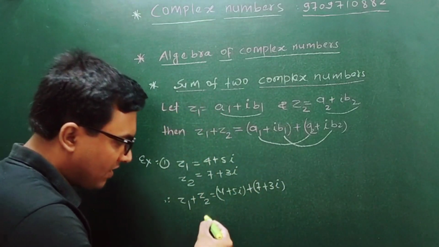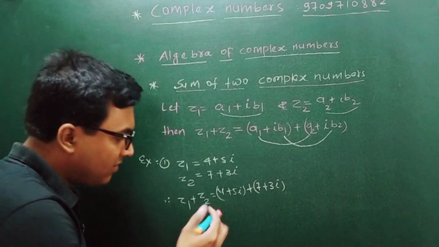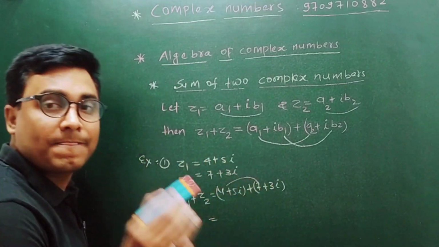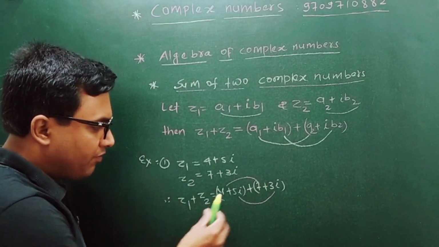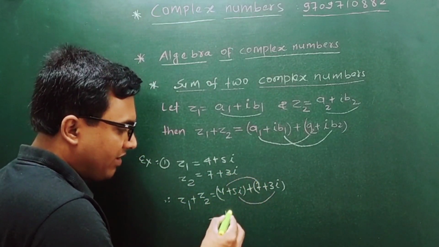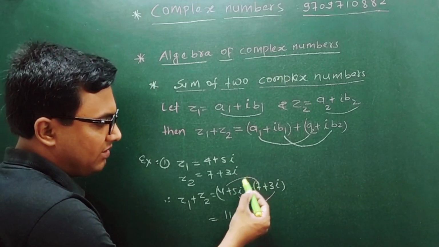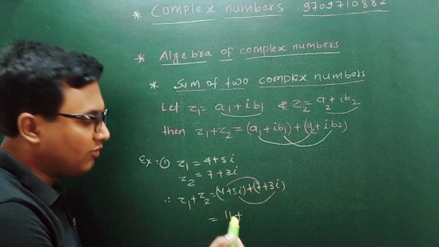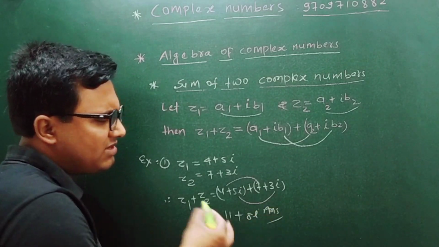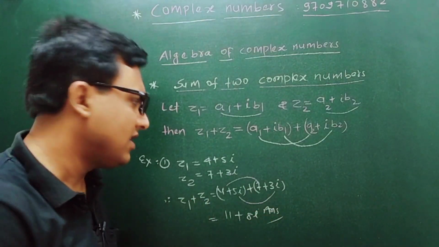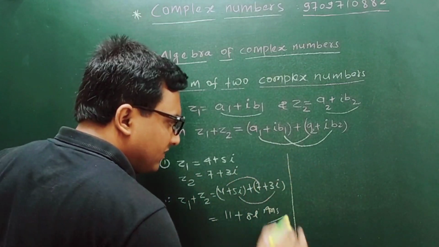Now add real part with real part and imaginary part with imaginary part. 4 plus 7 is equal to 11, plus 5 plus 3 is equal to 8 iota, and this is your answer. Very simple concept.